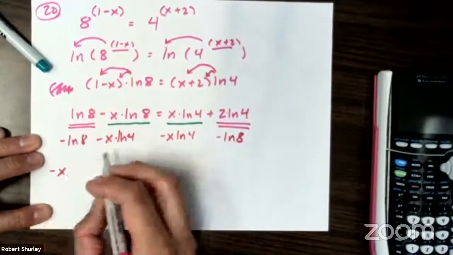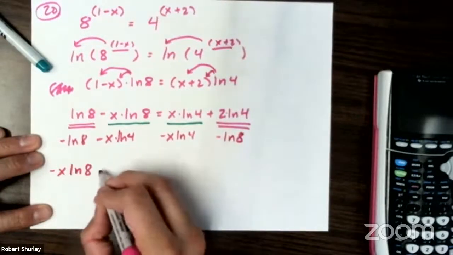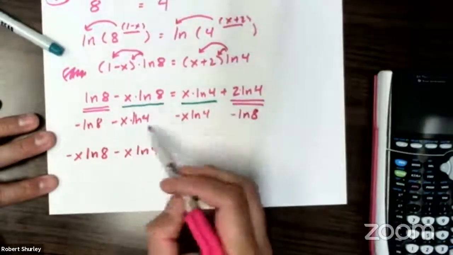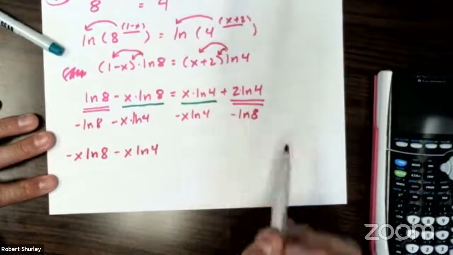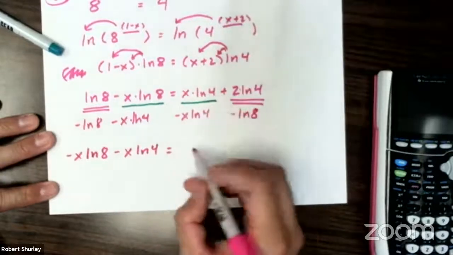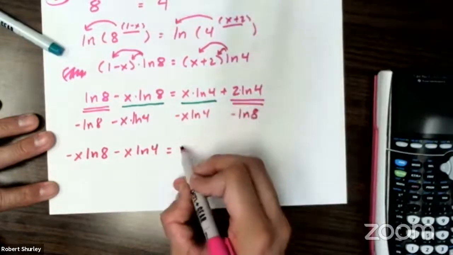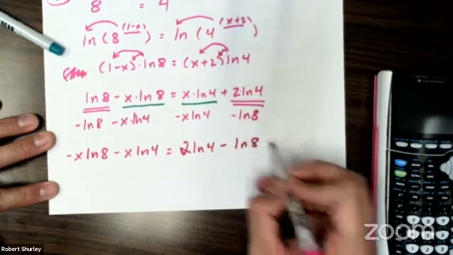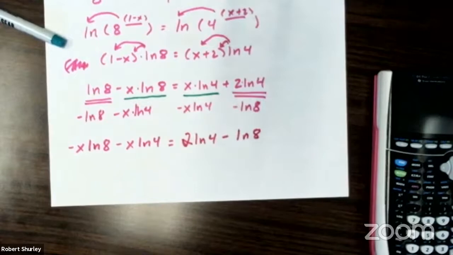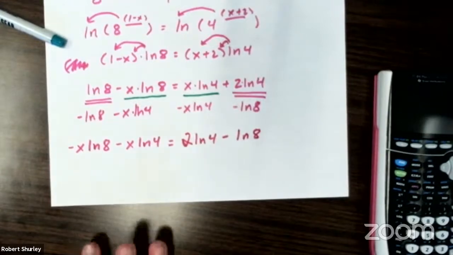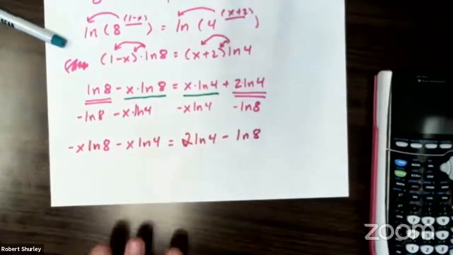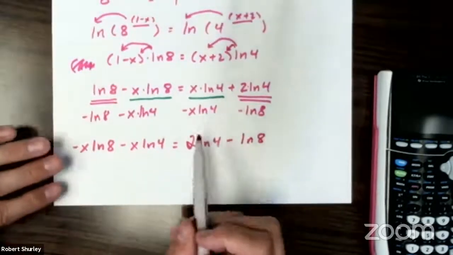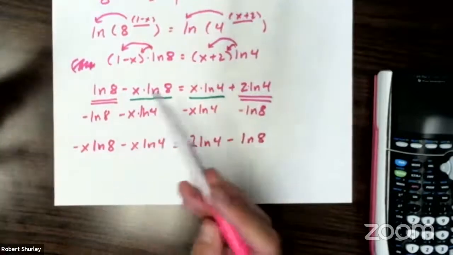We're left with negative x ln 8 minus x ln 4, right? That's these two terms. And then this ln 8 I moved to the other side. So it equals, now the 2 ln 4 was already there. So 2 ln 4 minus ln 8. Okay? So nothing too weird, but it looks goofy because we've got x's and ln's.